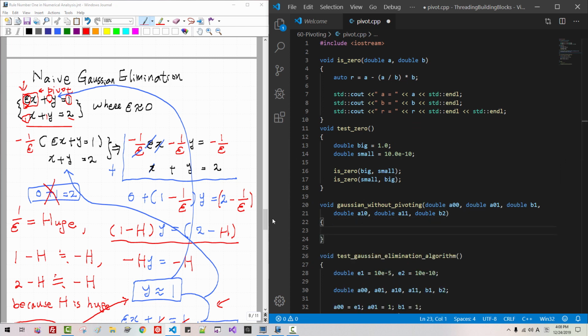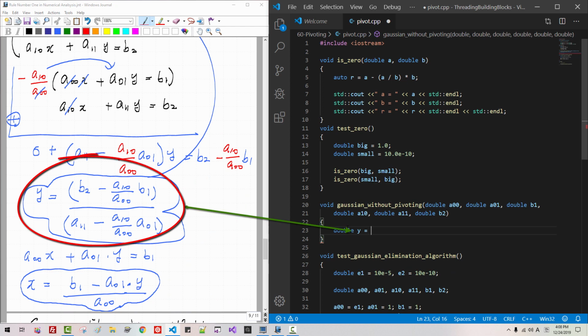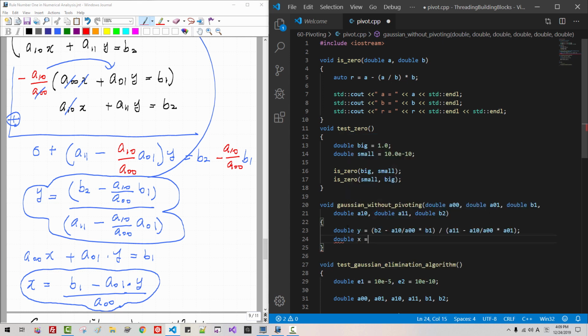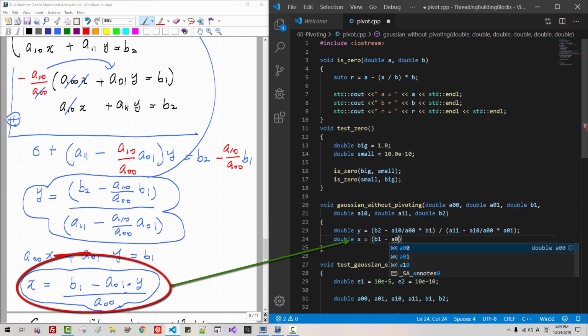Now scroll down, double y equals B2 minus A10 over A00 times B1 over A11 minus A10 over A00 times A01. Double x equals B1 minus A01 times y over A00.